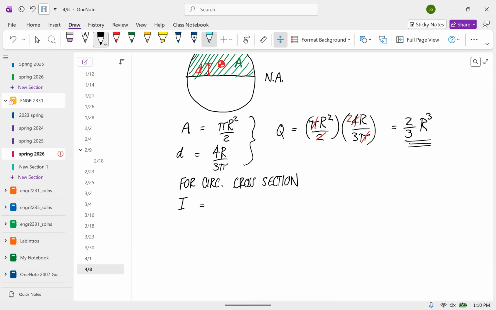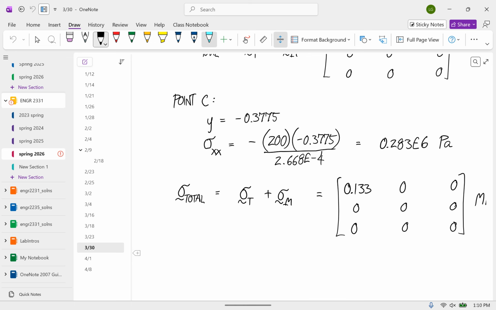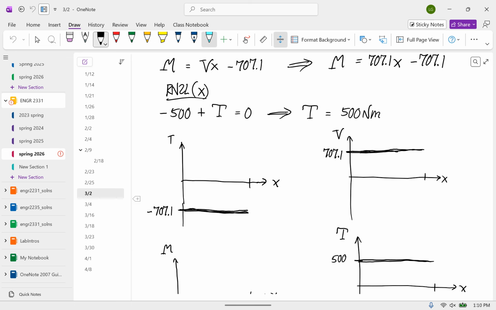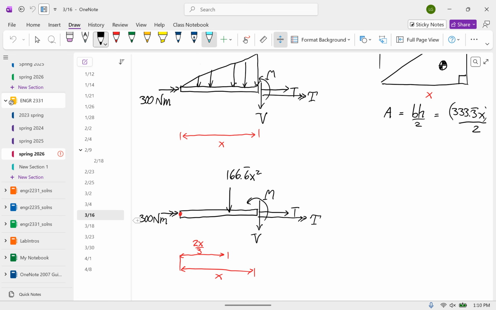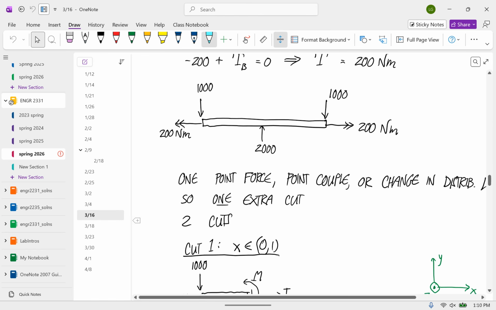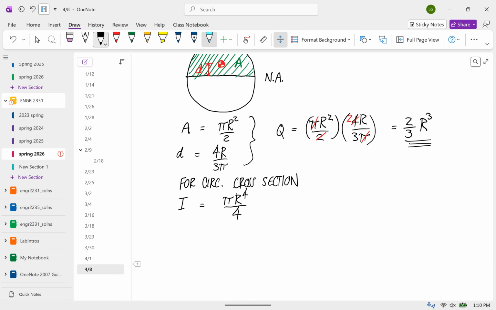I is equal to, I don't remember that formula. Let's see, where would that have been? It's pi r to the 4th over 4.